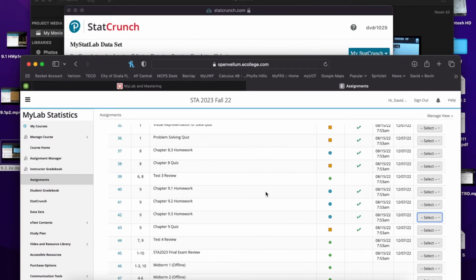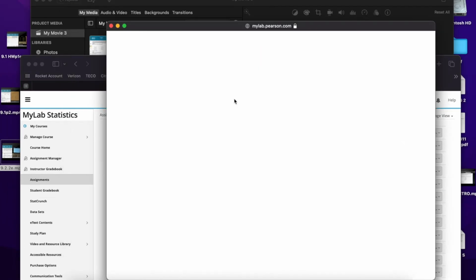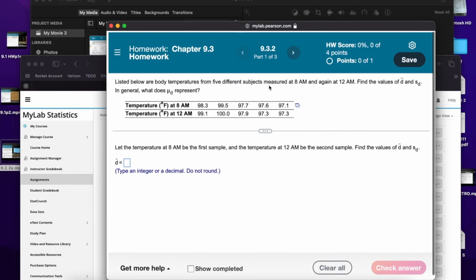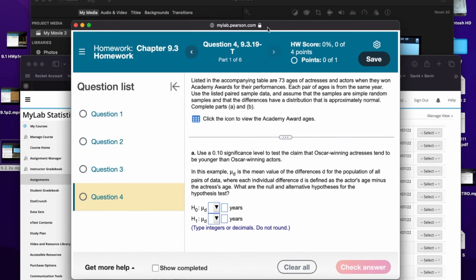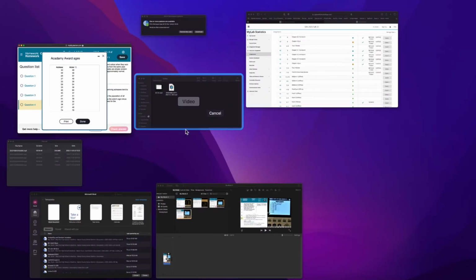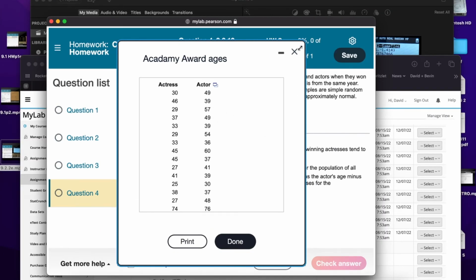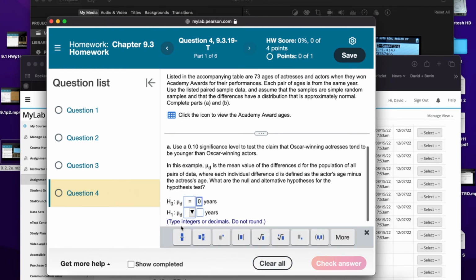How do I go back to that homework problem and make sure it's the same homework problem? Let me see. I think it's going to change things. And it is. Those are probably different data values now. Whatever, we're going to assume they are. Okay, I know how to fix this issue. Anyways, okay. Equals 0, greater than 0.